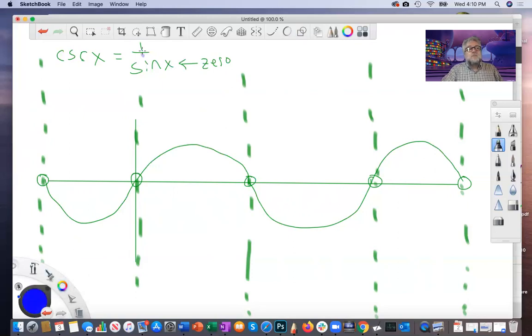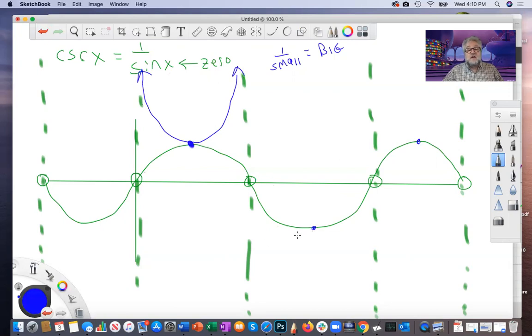Okay, so sine at its highest point is equal to 1. So what's cosecant going to be? 1 over 1 is 1. It's going to be right there. Cosecant's going to start right here. But as the sine gets smaller, 1 over a small number tends to be a big number. So as this gets smaller, cosecant gets bigger and bigger and bigger, and it takes off like this.